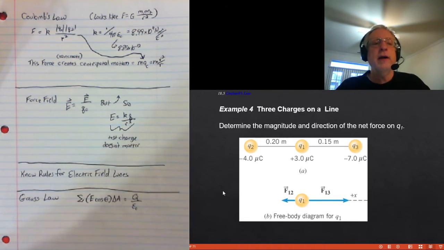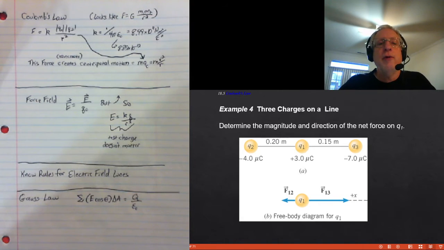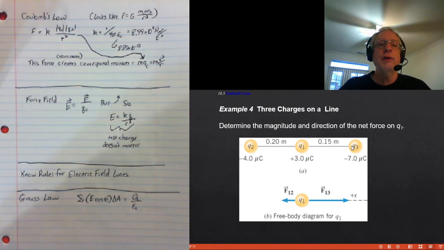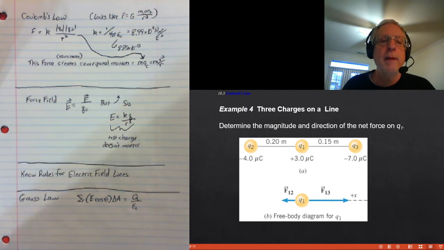For instance, here, determine the magnitude and direction of the net force on Q1. There's Q1 in the middle, Q2 on one side, and Q3 on the other side. Their charges are -4 microcoulombs, +3 microcoulombs, and -7 microcoulombs, and their distances are 0.2 and 0.15 meters.